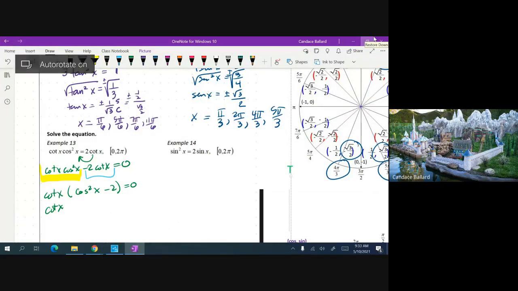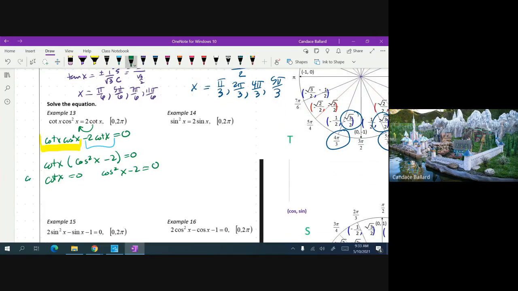Okay, so I am setting both of these things equal to 0. So I have cosine squared x minus 2 equals 0. I know that cotangent is the cosine divided by the sine.